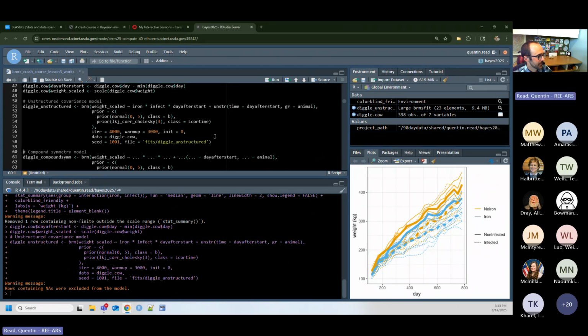If you're running that on your own computer, it will take a very long time to run. So I would recommend, if you're doing this on your own machine, either download the pre-fitted model object or skip this because it will take a very long time to run. Because it is not a very good model for the data set, it takes a very long time to sample the posterior.